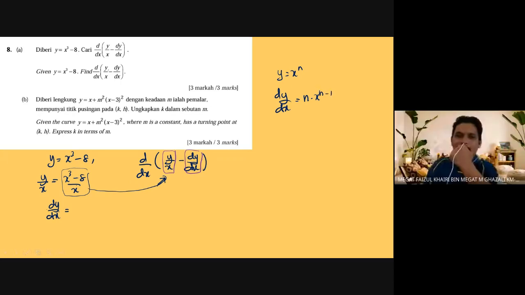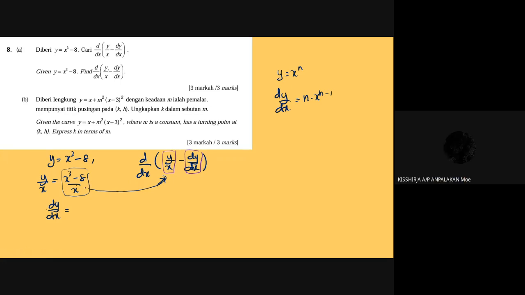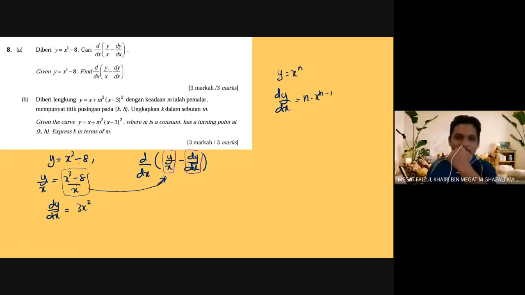Now, dy/dx, the derivative of y with respect to x: differentiating x cubed gives 3x squared, and this is a constant, so the derivative of a constant equals 0. That's it.